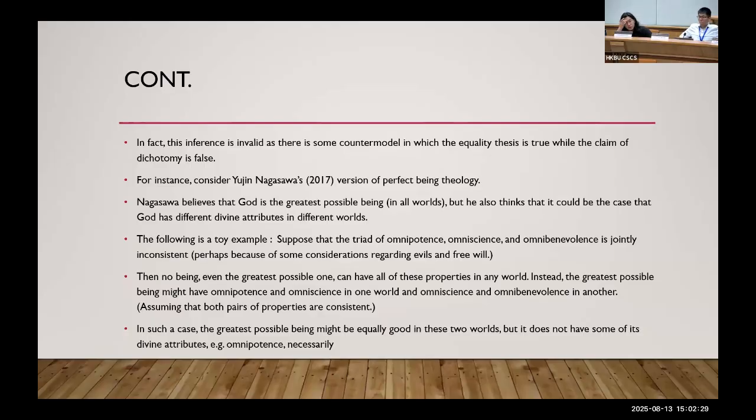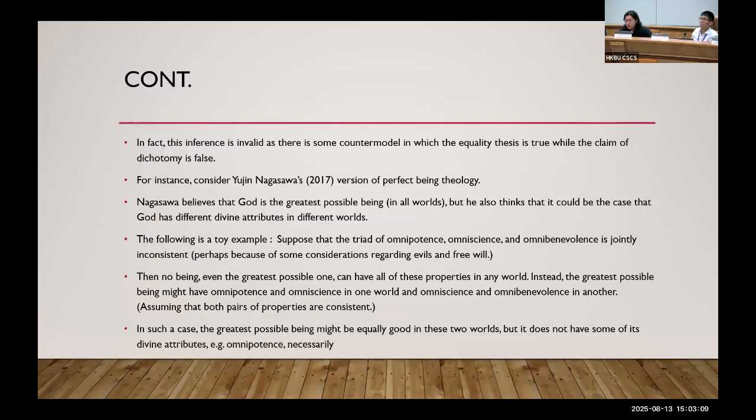For instance, consider Yujin Nagasawa's version of perfect being theology. Nagasawa believes that God is the greatest possible being in all worlds, and he also thinks that it could be the case that God has different properties in different worlds. For example, suppose that the trio of omnipotence, omniscience, and omnibenevolence is strongly inconsistent, perhaps because of some consideration regarding free will and evil.